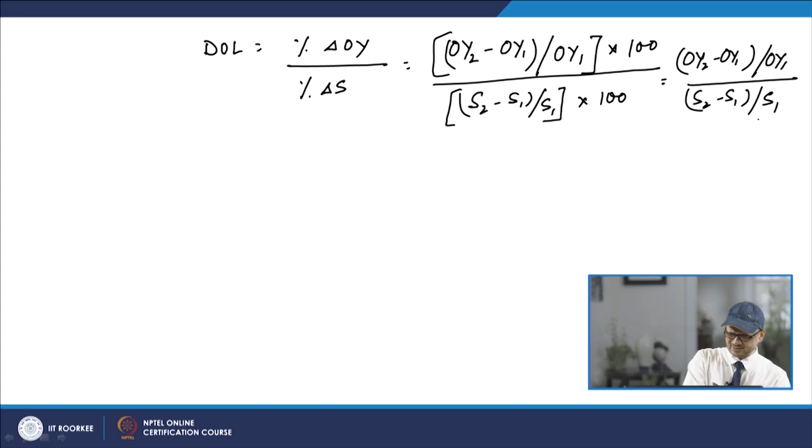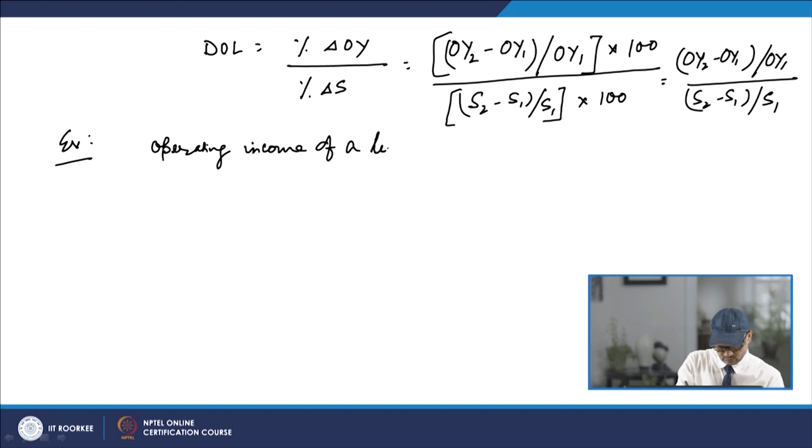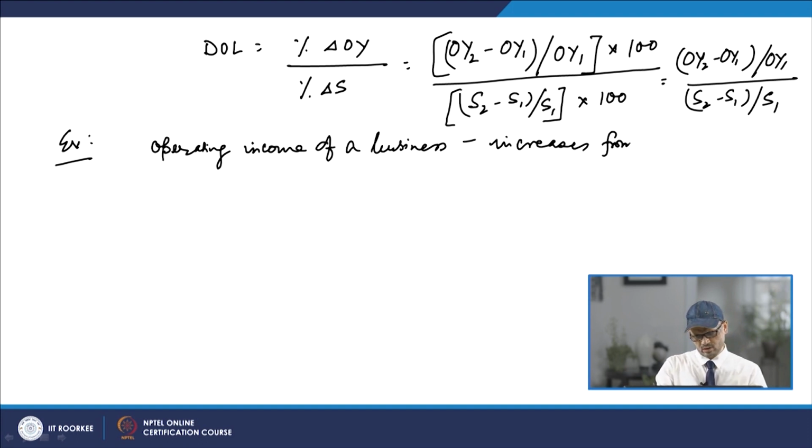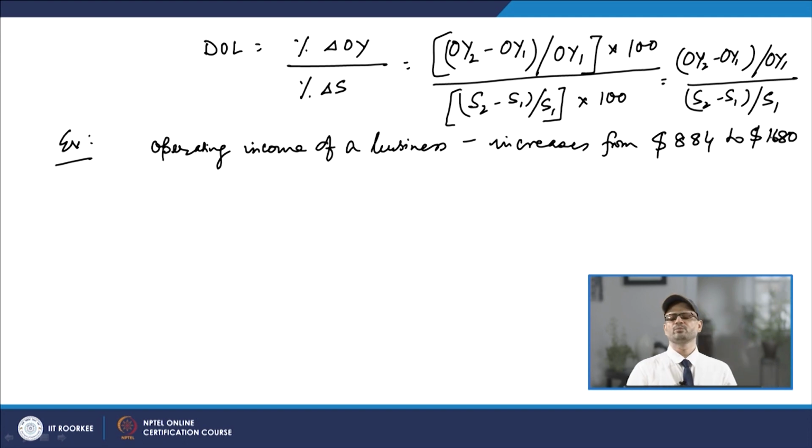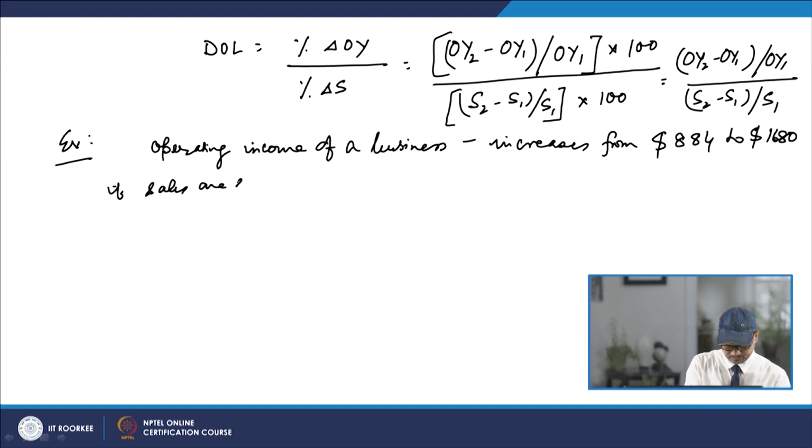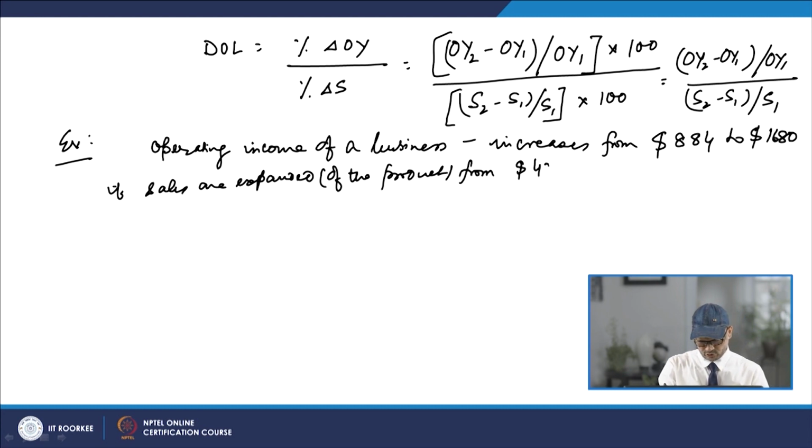Let us say the operating income of a business increases from $884 to $1680 when sales of the product are expanded from $4,200 to $5,880.